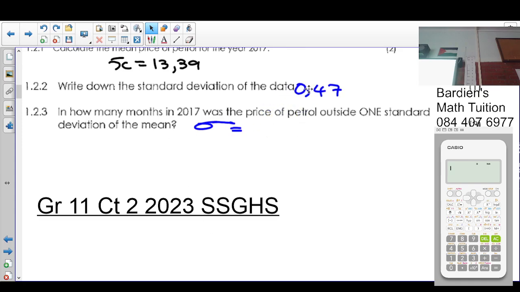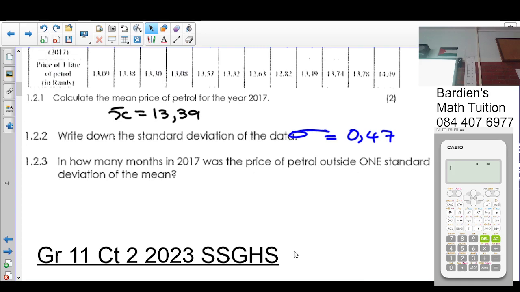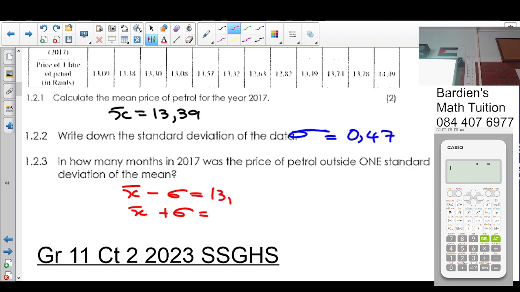Then the question says, how many months in 2017 was the price of petrol outside one standard deviation of the mean? So what we do is we set up the range. We say your mean minus a standard deviation and your mean plus a standard deviation. So what's your mean? 13.39 minus 0.47 and 13.39 plus 0.47.